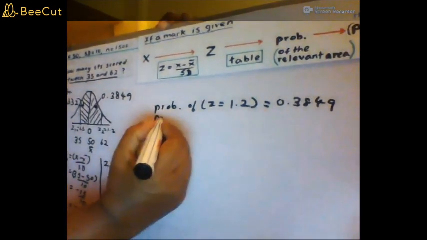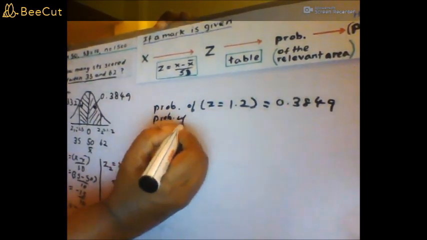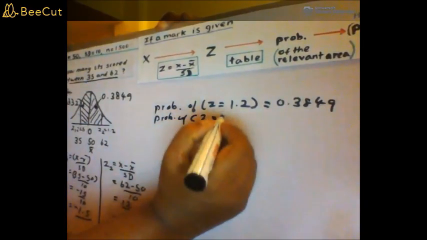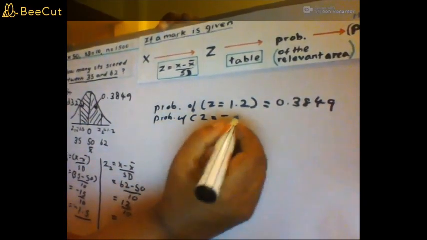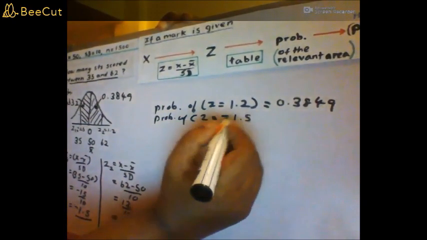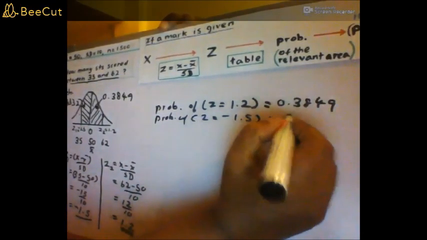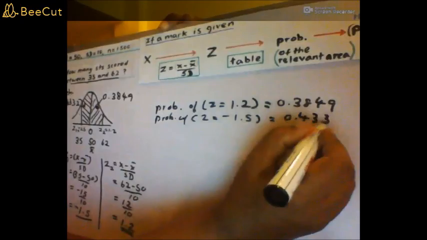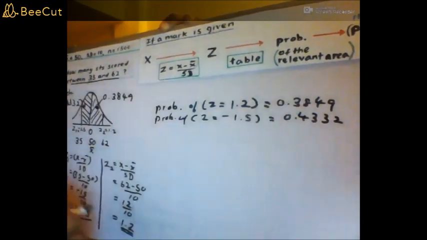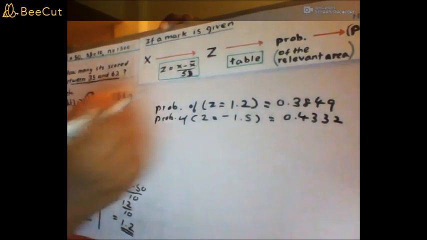Then probability of Z equals minus 1.5 equals 0.4332.